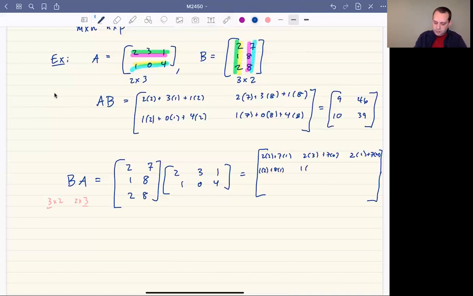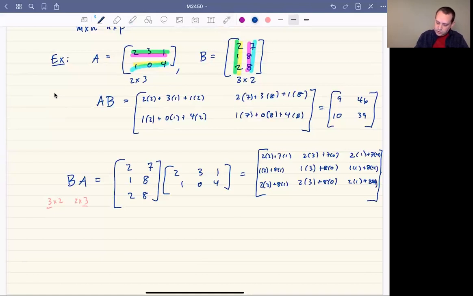And then 1 times 3 plus 8 times 0. And 1 times 1 plus 8 times 4. And finally, the last row of B will be 2 times 2 plus 8 times 1. 2 times 3 plus 8 times 0. And 2 times 1 plus 8 times 4.